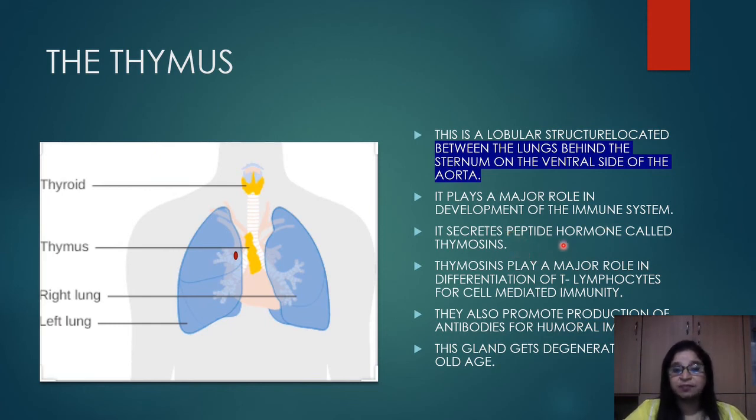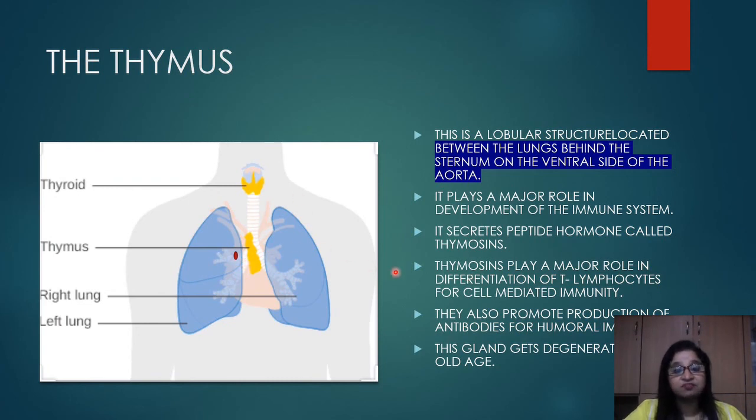It secretes peptide hormones called thymosins. Now, what do the thymosins do in our body? The thymosins play a major role in the differentiation of the T lymphocytes for cell-mediated immunity. So when I talked about WBCs and especially the lymphocytes, we have T lymphocytes and B lymphocytes. When I talk of T lymphocytes, these lymphocytes are from the thymus.